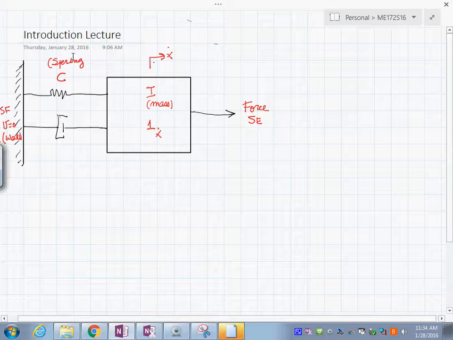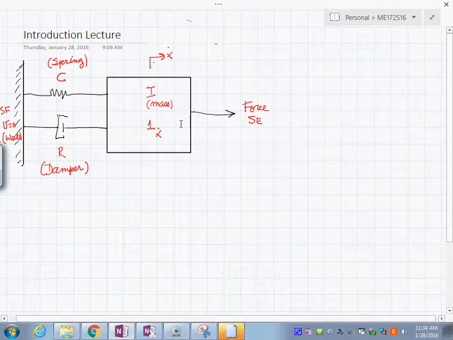And then this is my R element, which is the damper. See, I can write really well, as if I write it on the board now.